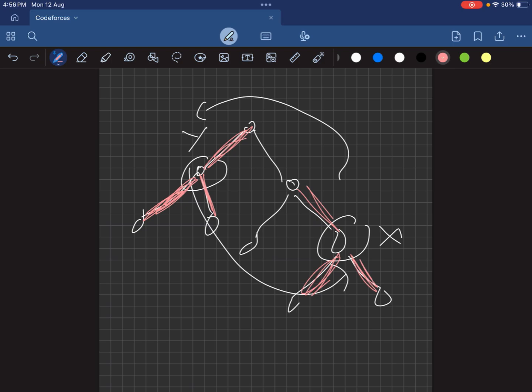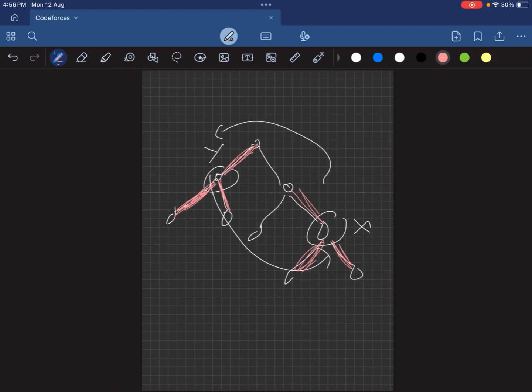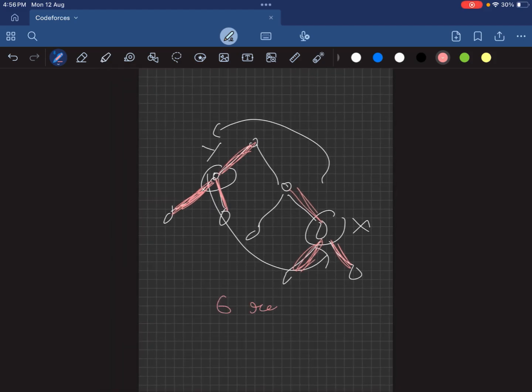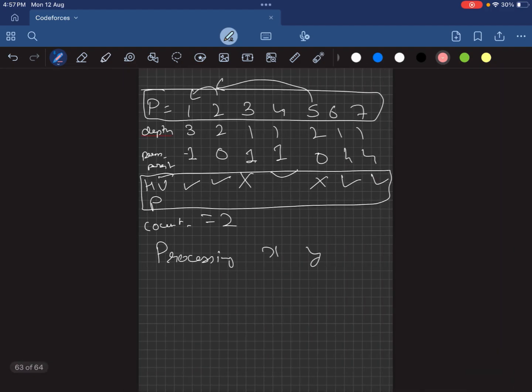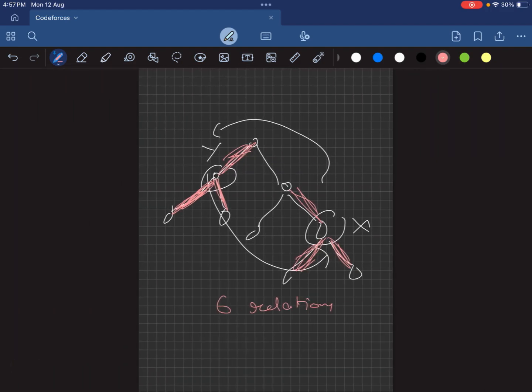So at max 6 relations are changed. After exchanging x and y, we just have to check whether these are placed at their valid positions, whether these people have their valid parents or not.